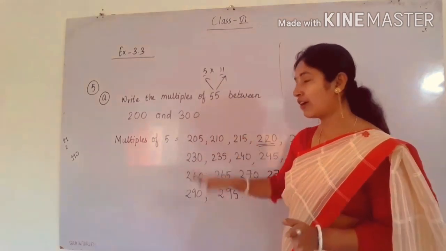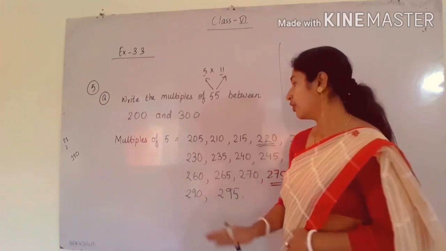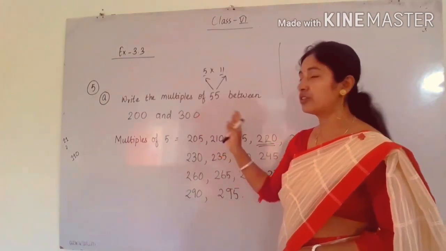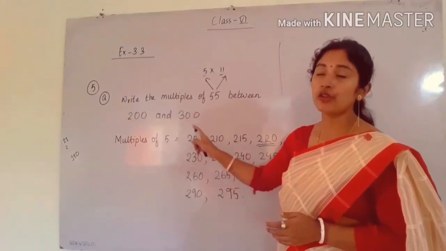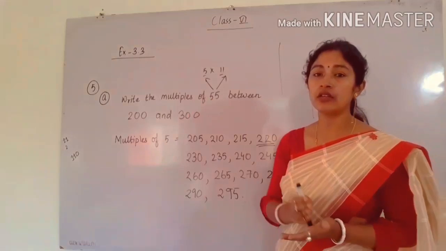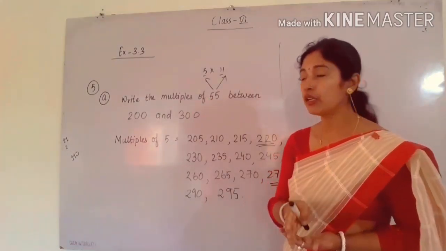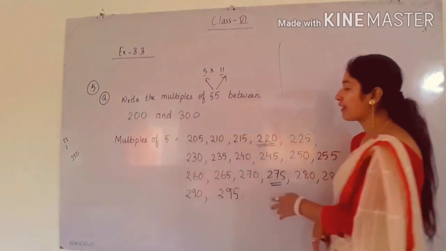So here I have written all the multiples of 5 between 200 and 300. Between 200 and 300 you have to start from 205. You cannot take 200 because it is written clearly that you have to take numbers in between. So in between we have this many numbers which are divisible by 5.